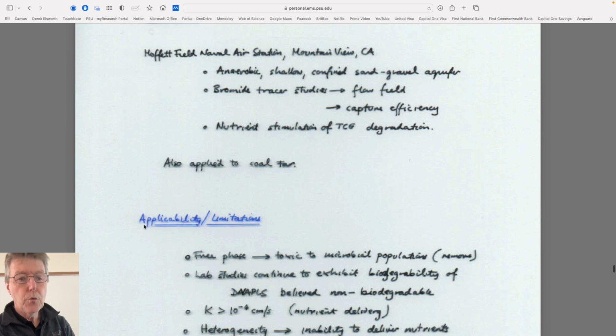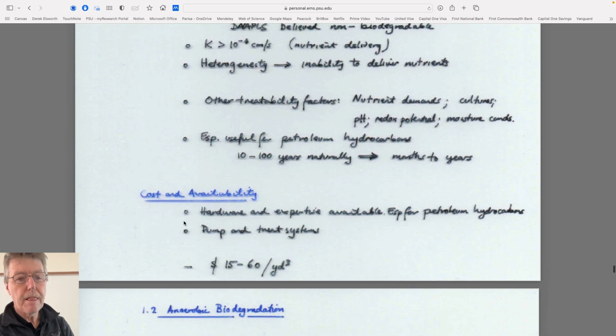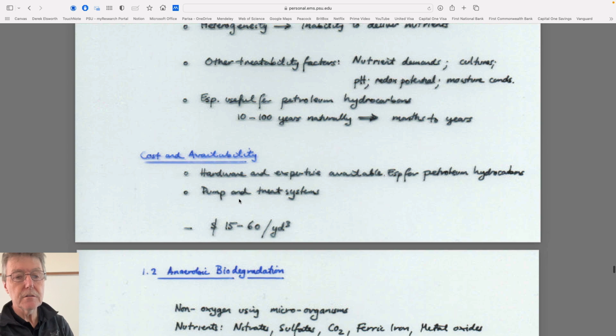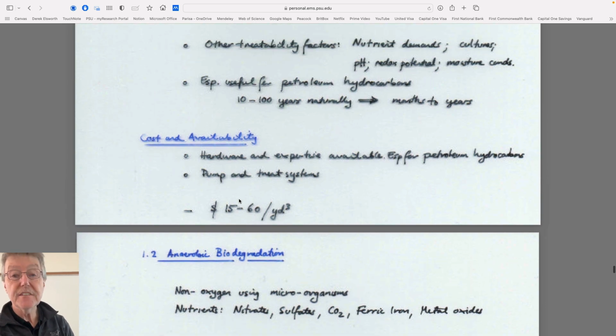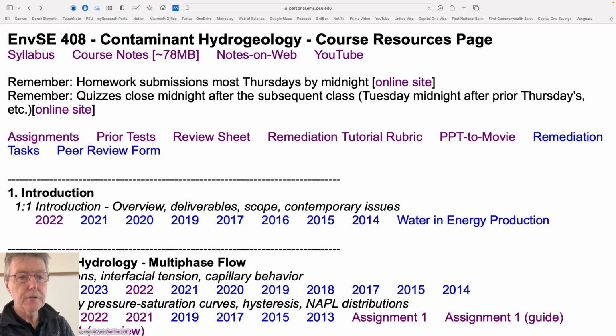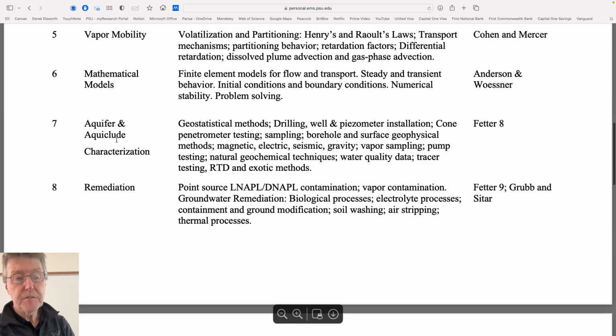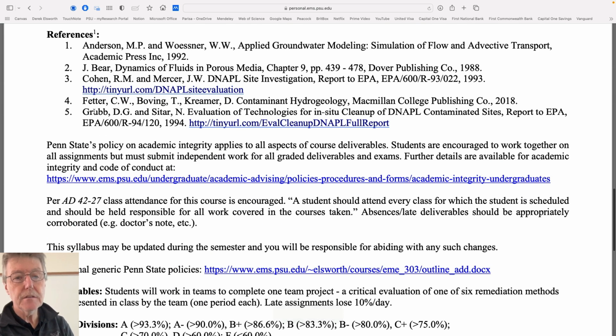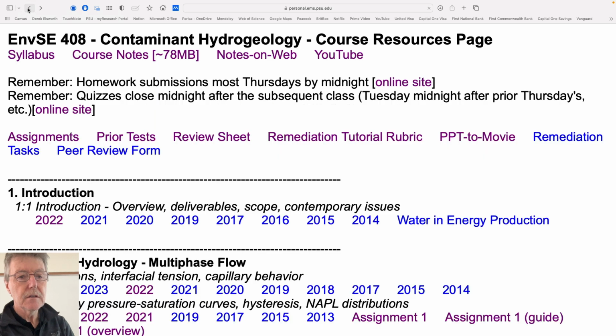Examples of it, where it can work, where it doesn't work, how much it costs to do it, which are per cubic meter of soil treated or per volume of fluid, etc. And so those details are available there, but I'd also refer you to, on the syllabus, it follows exactly the way it's set up in this reference here. Bit dated, as you can see, but it's not a bad way of getting a grounding in this.